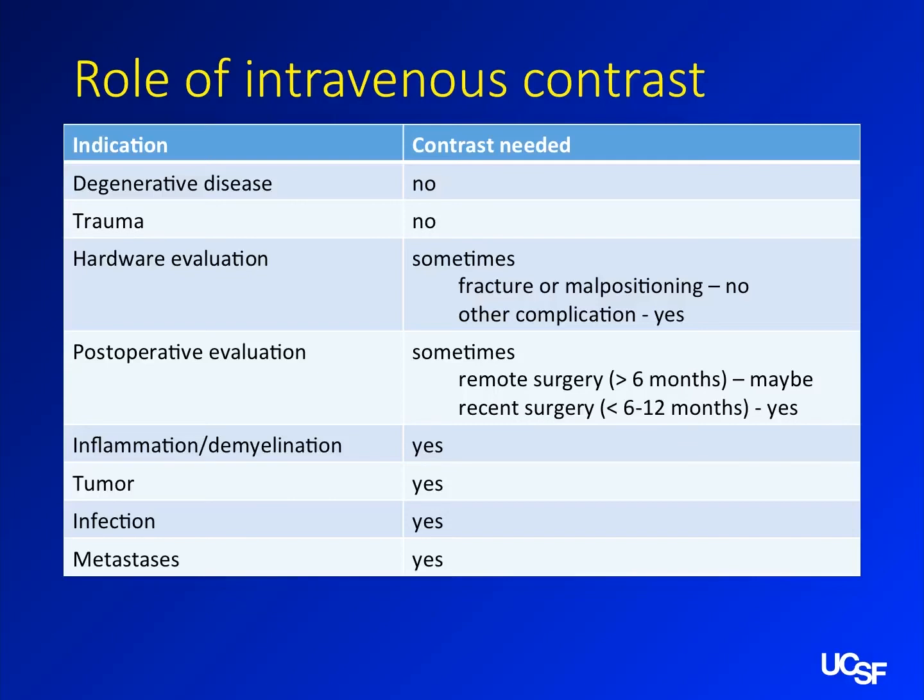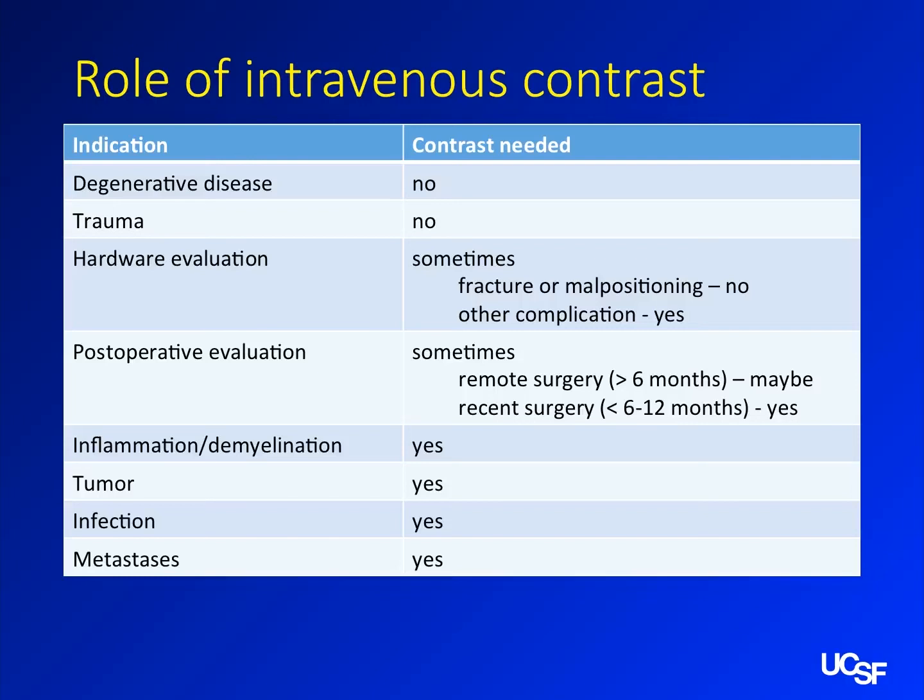Now, in patients that have had surgery, contrast becomes a little bit more controversial. In the immediate postoperative setting, patients should get contrast on their MRs because you have a risk of abscess. You have sometimes granulation tissue where it can be hard to differentiate a disc from scar, and that becomes useful. If someone has had surgery more than 6 months ago, then it becomes a little controversial.